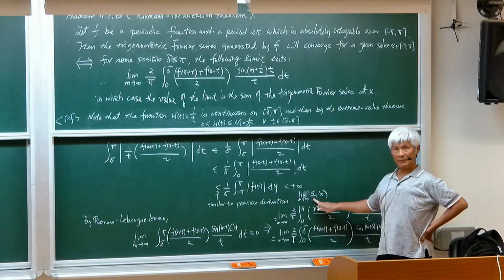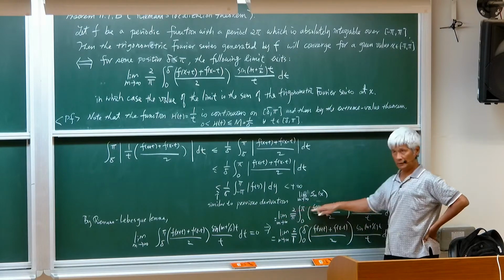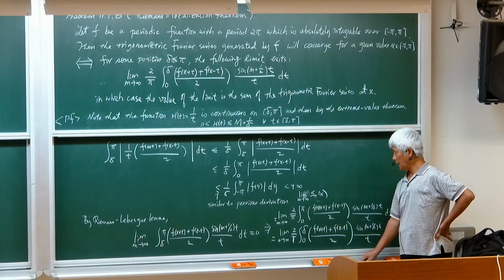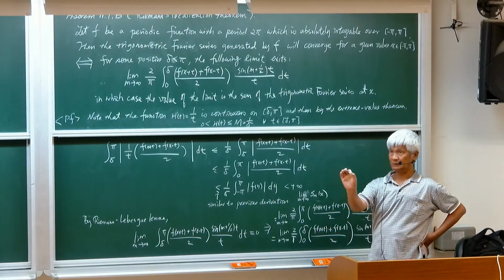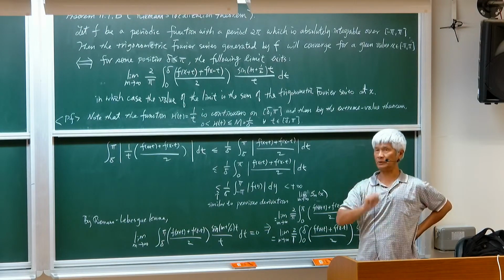So the limit of the partial sum is equal to the limit of this integral. And delta can be selected very small.